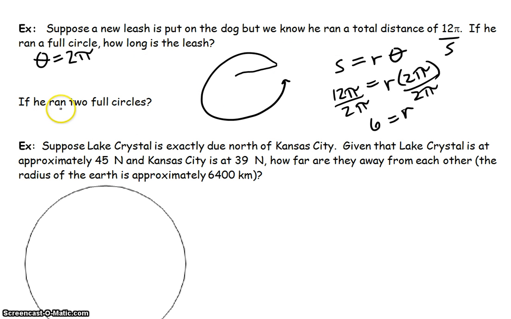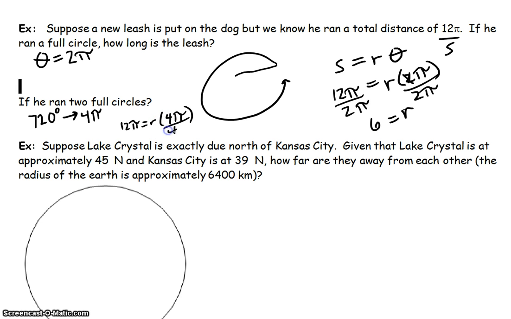If the dog ran 2 full circles, that would be 720 degrees, which, if you converted that to radians, is 4 pi. Now the only difference for this problem is that instead of 2 pi, it would be 12 pi equals r times 4 pi.